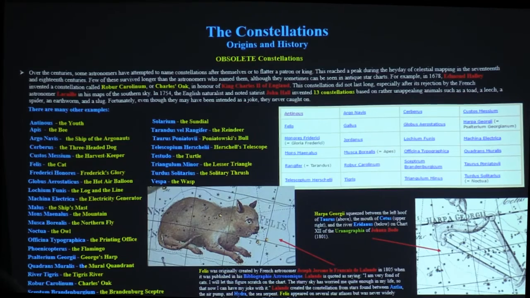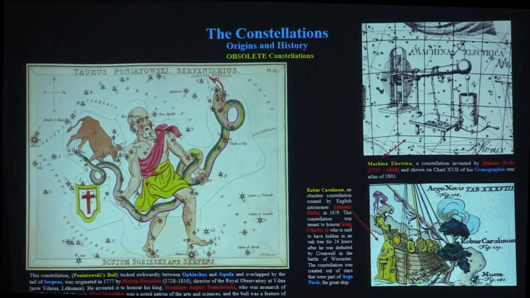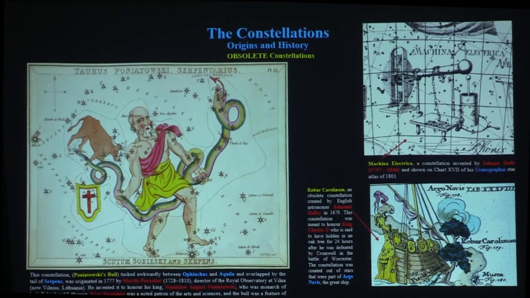Quite interesting, really. Now, I love this one. Poniatowski's bull, that's this thing here, was on the family coat of arms of the king of Latvia and Poland. And the guy who did this mapping stuck this between Scutum and Aquila. What's his name?